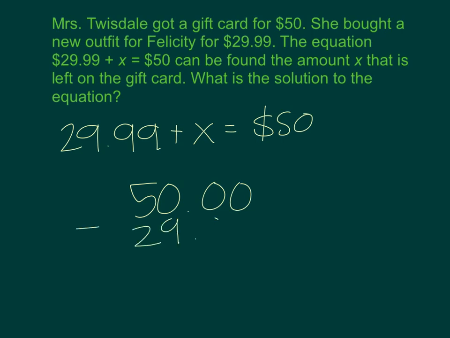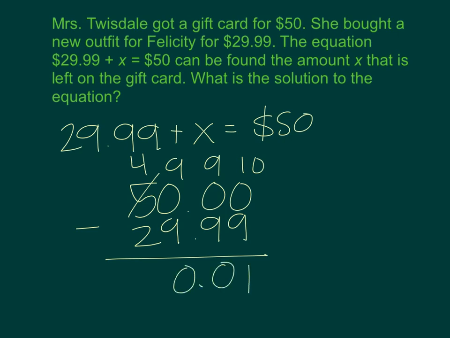I'm going to have to do some regrouping here. 9, 9, 10. This will give me 1 penny, 0, 0, and 4 minus 2 is $20. So, that's how I figured out that x equals $20 and 1 penny. That's how much is left on my gift card. Hopefully, you did your carrying correctly and your subtracting right, so that you figured that one out.